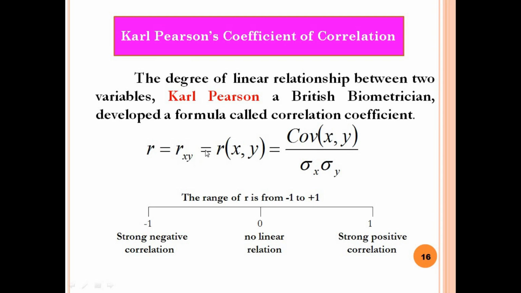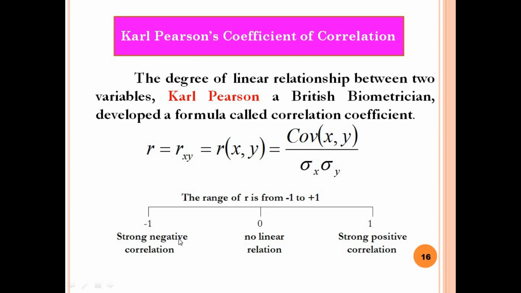Or we can write r(x, y), which is equal to covariance of x, y divided by sigma x and sigma y. These are the standard deviations. And now you see the range of r, that means the range of the correlation coefficient is from -1 to +1.